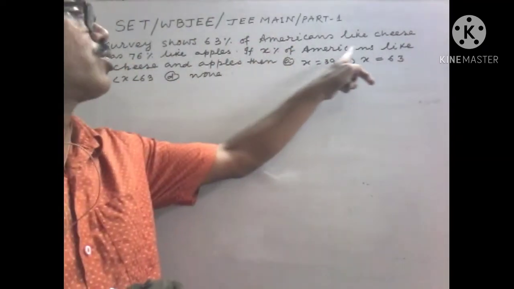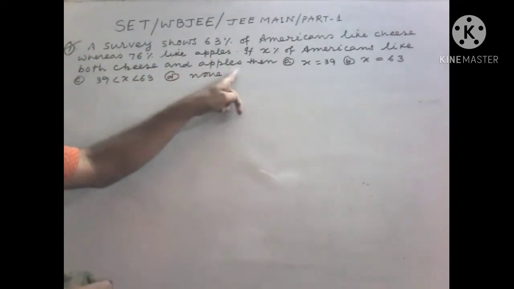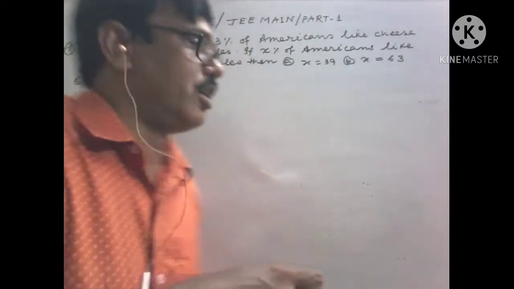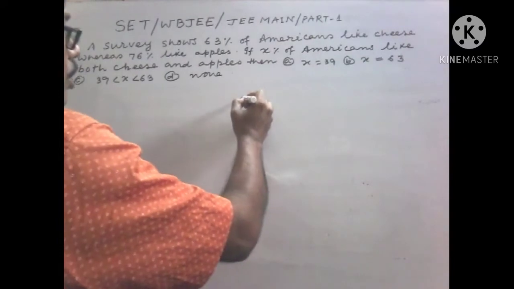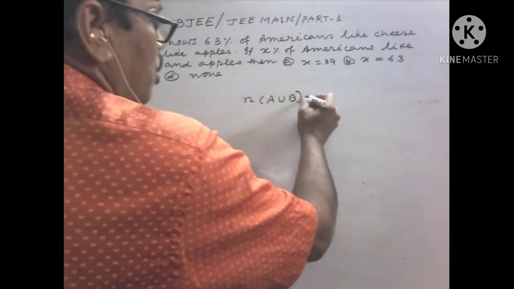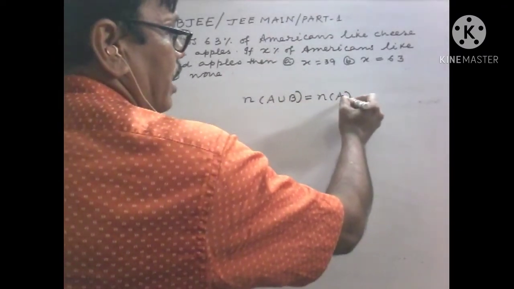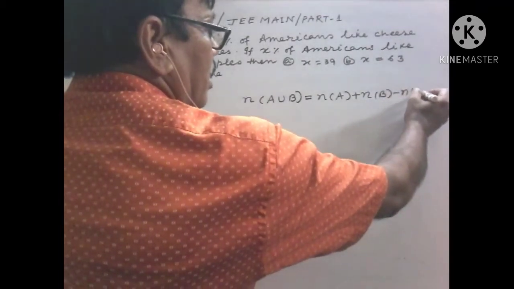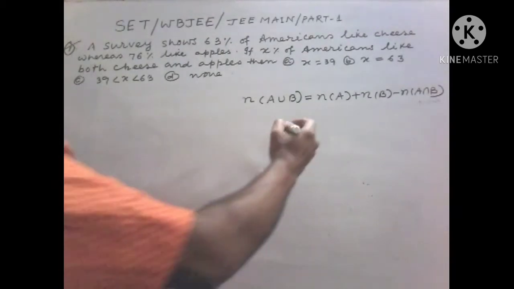If x equals the number of Americans who like both cheese and apples, then what is the restriction on x? To solve this problem, we need this theory: the number of elements in A union B is n(A) plus n(B) minus n(A intersection B). This is our theory.